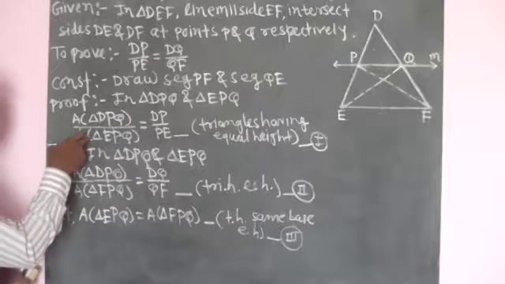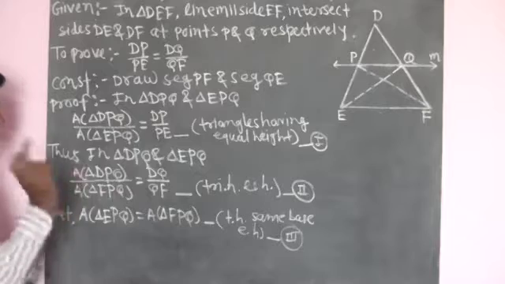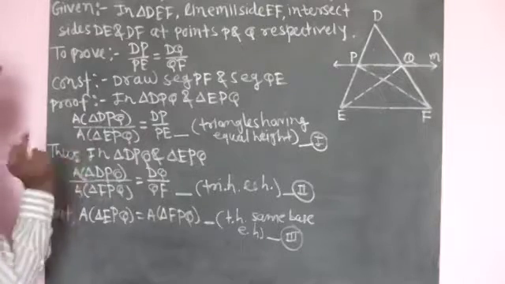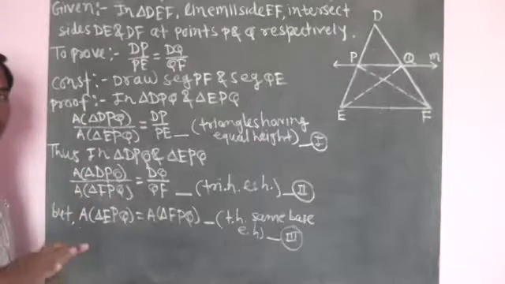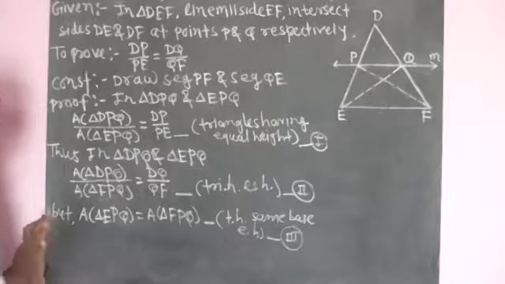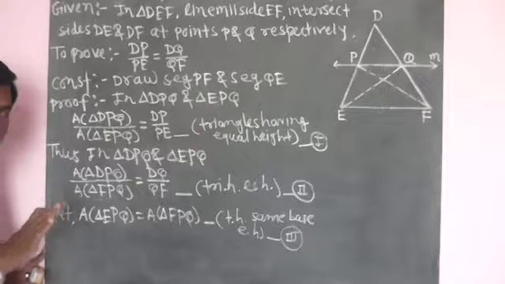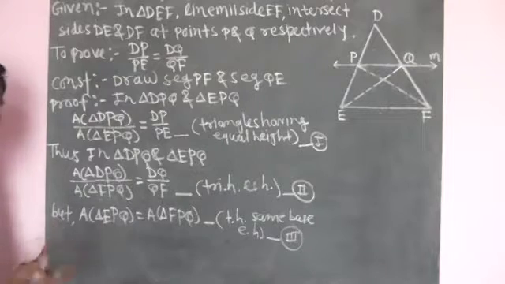Therefore, from equations 1, 2 and 3, these two ratios are equal because they have a common numerator and equal denominators.